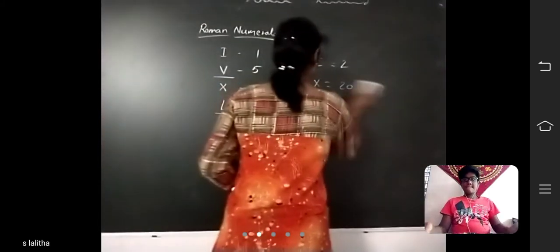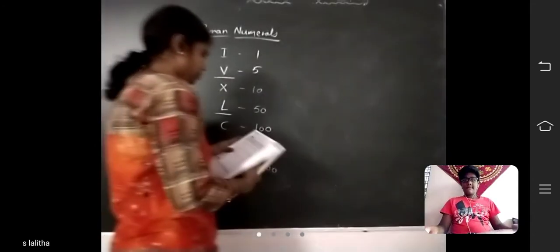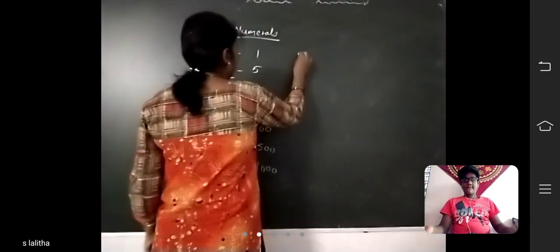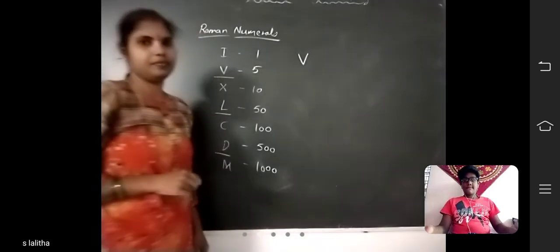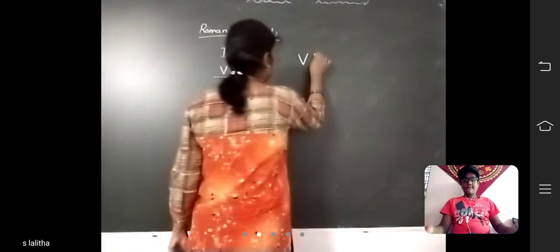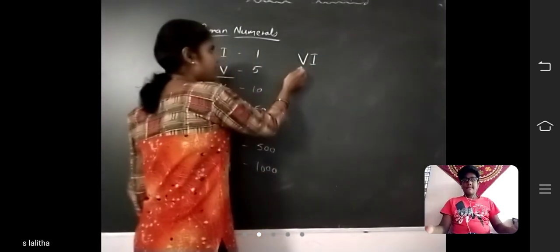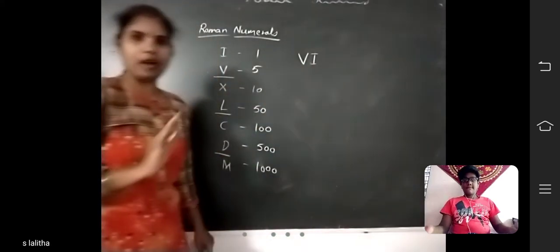That means, the examples. V is there. Okay? And I am writing I here. What is the value of V? 5. What is the value of I? 1.